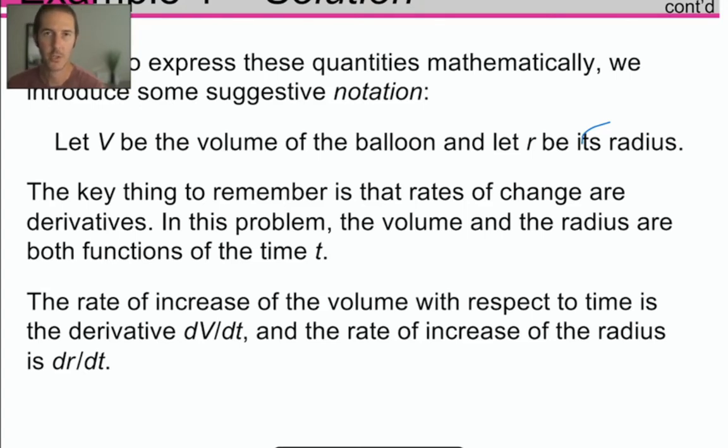And my recommendation in all of these related rates problems is that you take note of the variables that are involved in the problem, and then make sure that, I would even say step number one is you've got to write down some kind of an equation that involves the variables in question. And then you'll need to take the derivative of that equation. Probably with respect to time, although sometimes not, but usually yes.